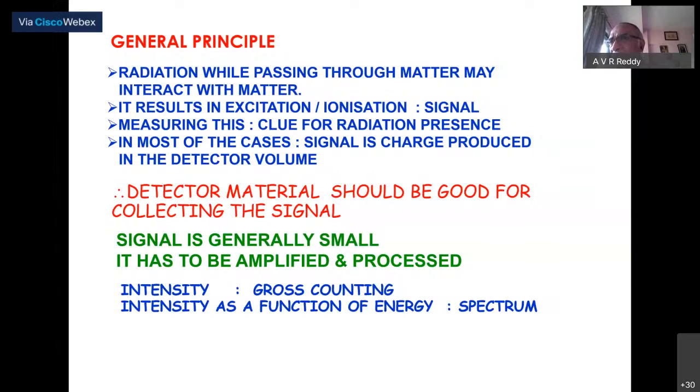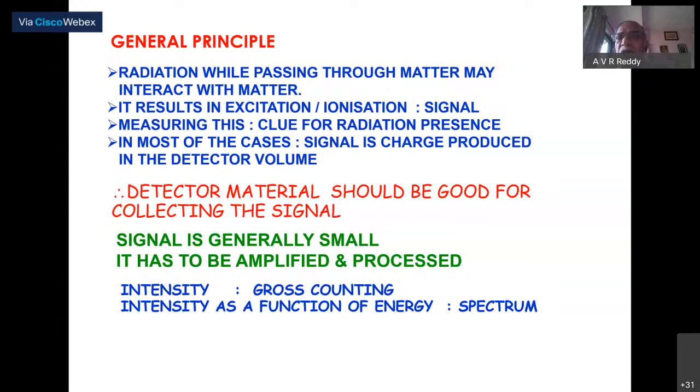How to measure that signal? And what is the material? And how to manipulate the signal so that we will get a readable data and correlate the readable data so that we will get the required analytical numbers, like a concentration of different nuclides, or intensity of radiations, or energy of radiation, and so forth.